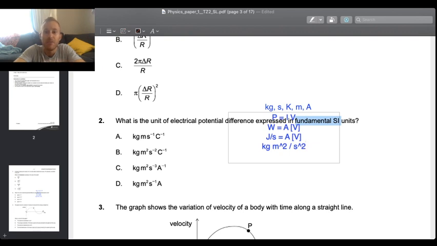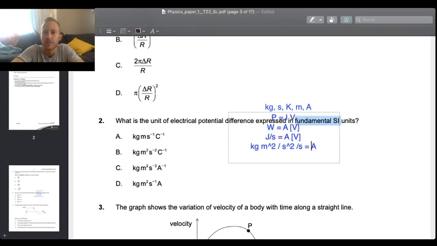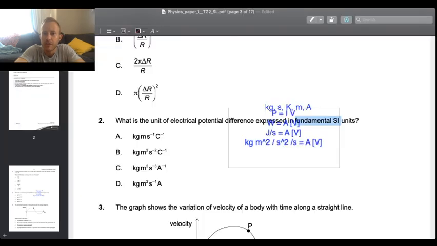So that's 1/2 mv squared. We have that divided by seconds equals A times units of potential difference. Then we just solve for that. We get kilograms meters squared, seconds to the -3, amps to the -1. So that would be C.